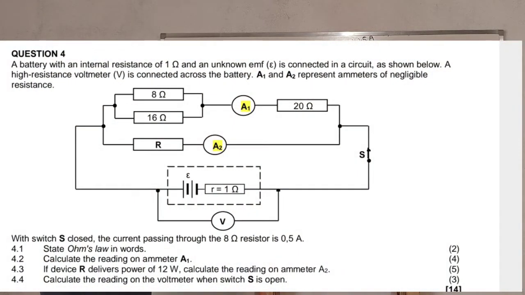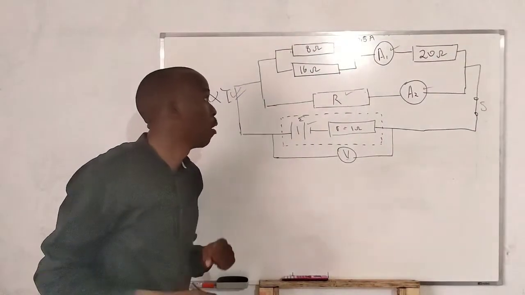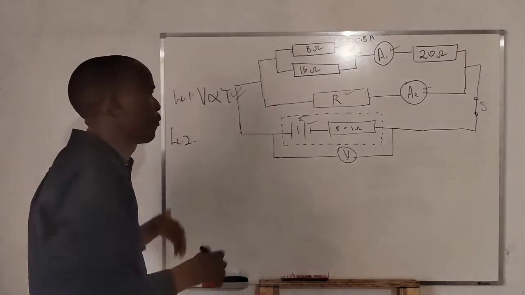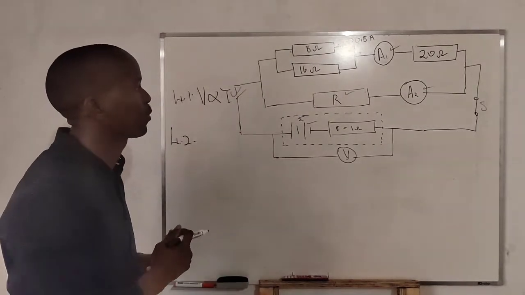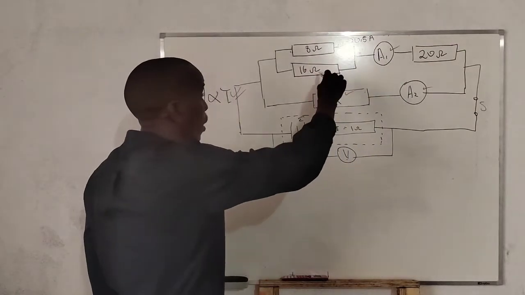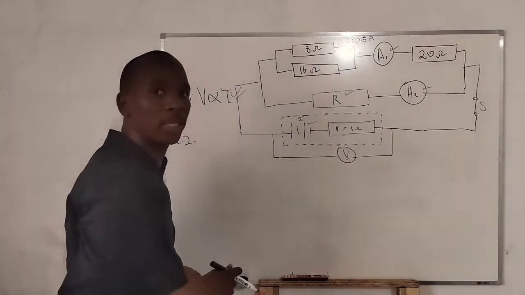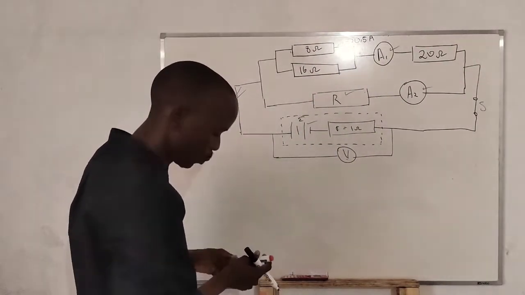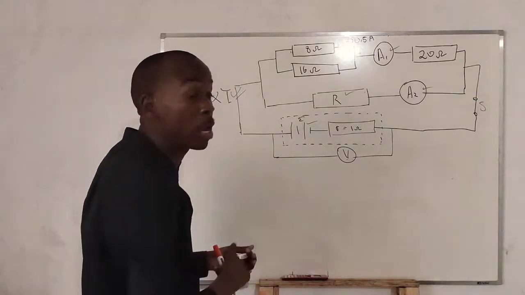And then we have Question 4.2. As you can see on the screen, the question requires us to find the reading on A1. Now let us find what we know. I can find the total current passing through A1. Look at where A1 is.